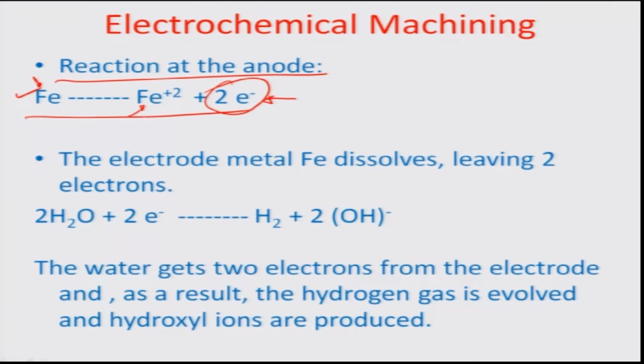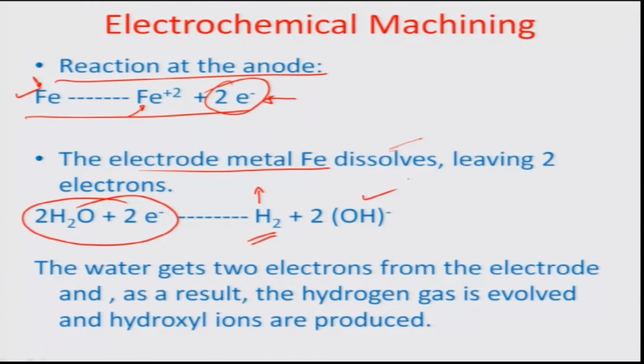Now if we had a brine solution, or just a normal kitchen salt water combination, the electrode metal Fe would dissolve, and the 2 electrons that have been left because of that would further try to break down water into H2, which is a gas and bubbles out, and hydroxyl ions, 2OH-.